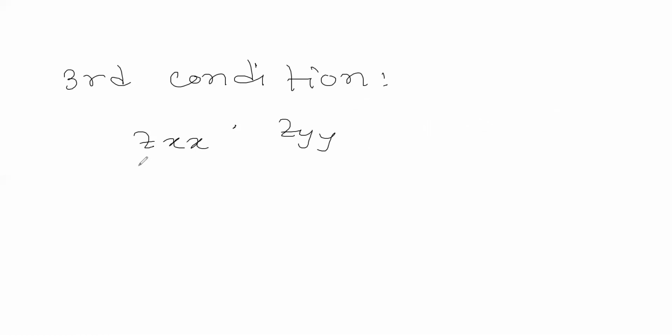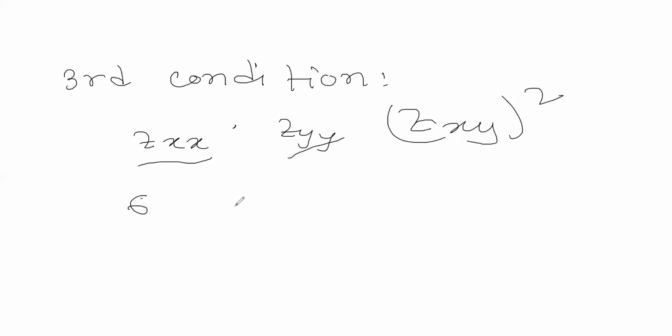So just write z of xx into z of yy, and here we will write z of xy square, and then let's plug in the values. So z of xx is simply 6, z of yy is simply 4, and z of xy.